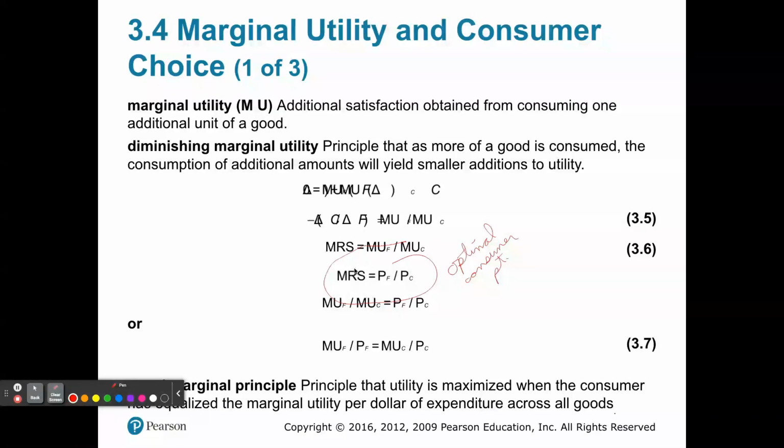It's where the slope of the indifference curve is equal to the slope of my budget constraint. And you will see problems like this on the problem set, but I will do some practice ones for you to allow you to all get the hang of things.